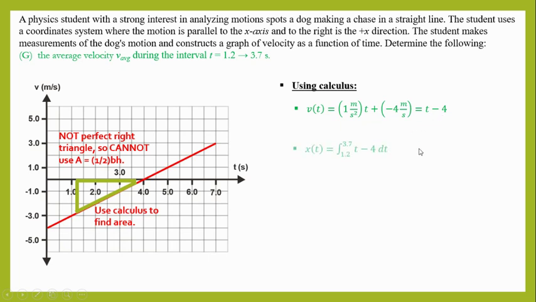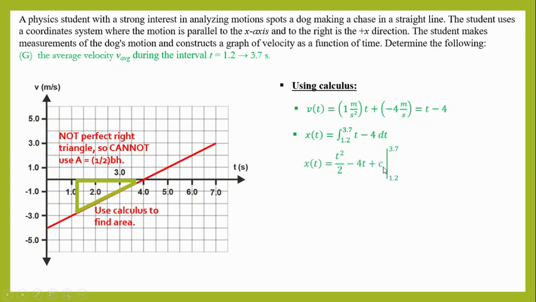So if you know your velocity function, you can integrate it to find your displacement, or to find your x of t. Okay, so therefore here I've chosen to integrate v of t with respect to t. So to find x of t, you integrate your velocity function, and your velocity function here is just t minus 4. So here's t minus 4 with respect to t, and your time bound is 1.2 to 3.7 as indicated in the statement.